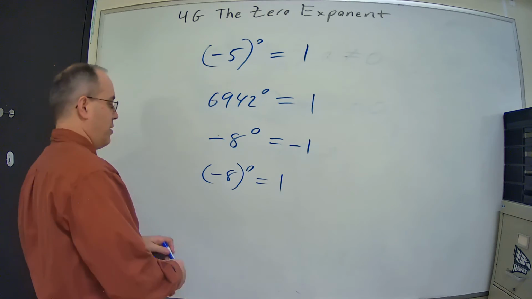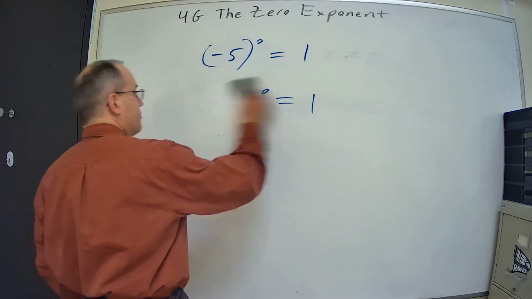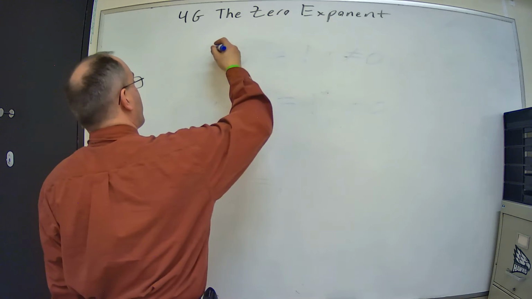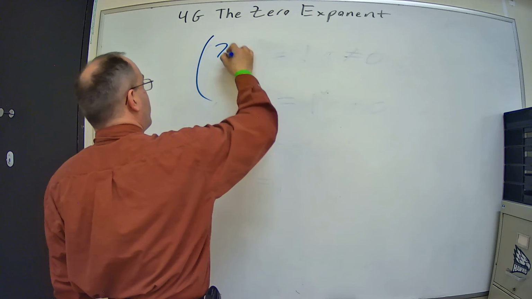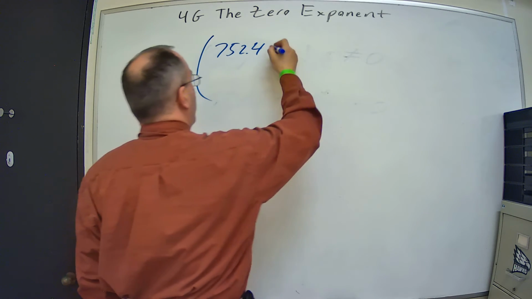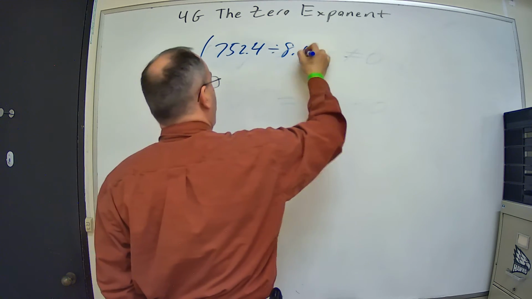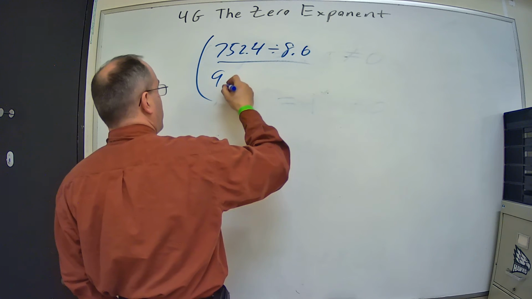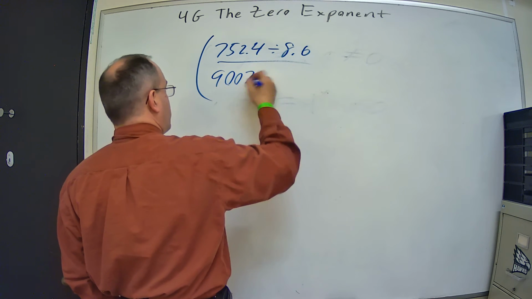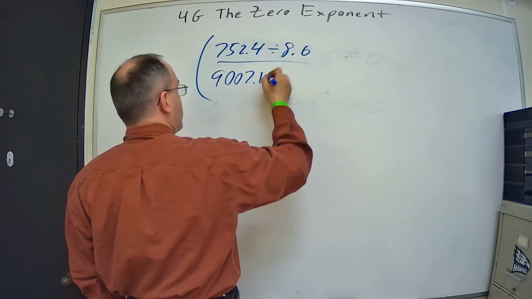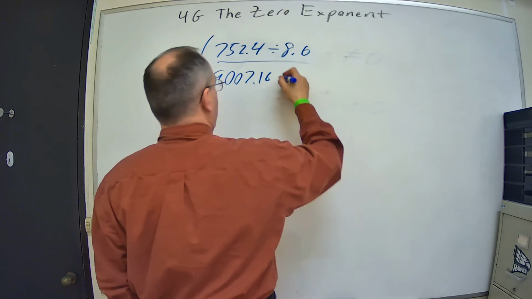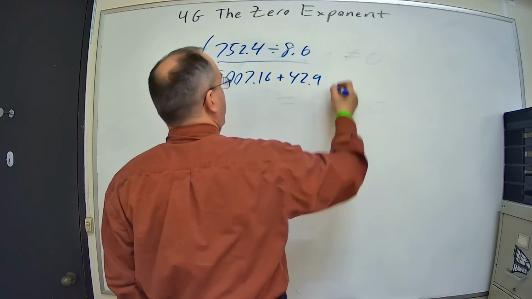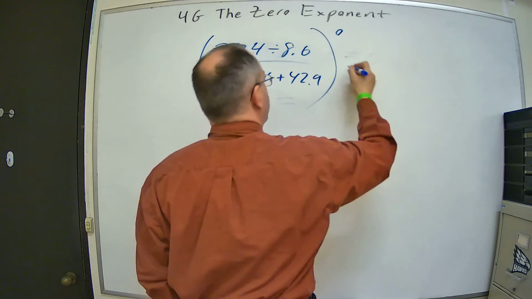So what if I make this a little more complicated? $752.4 divided by 8.6 over 9,007.16 plus 42.9, all raised to the 0th power.